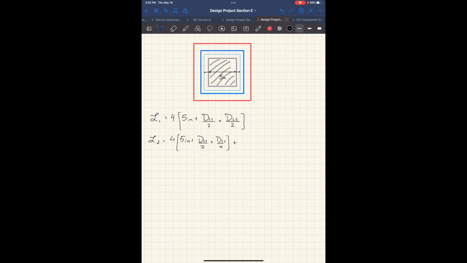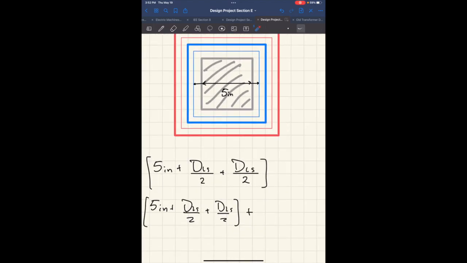Plus, now we got to do the length of the second layer. So again, we're going to need to find the mean length distance of this pink layer. Okay? And we're going to do the same procedure, right? We have this width of the core itself is 5 inches. Then we have to consider this distance, right? So that distance is going to be what?